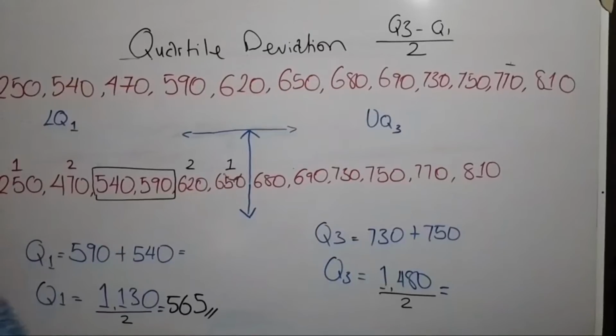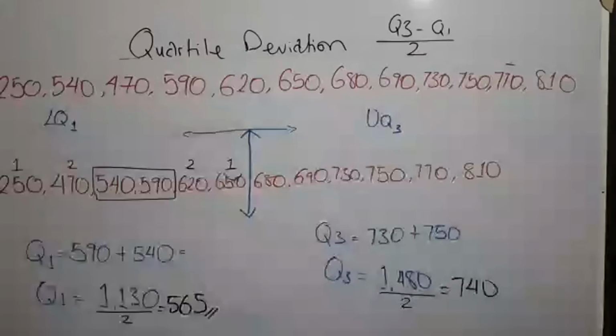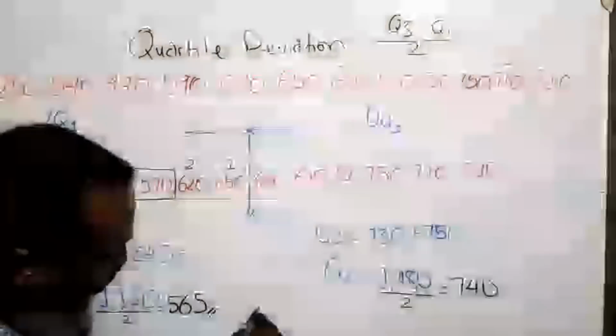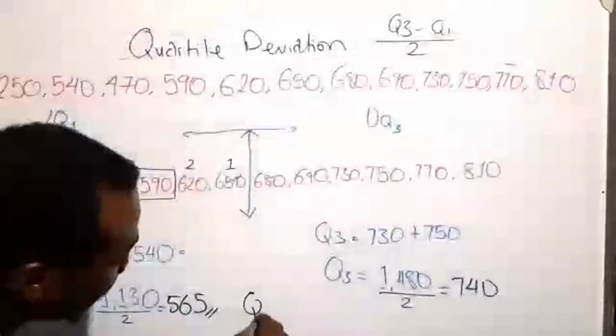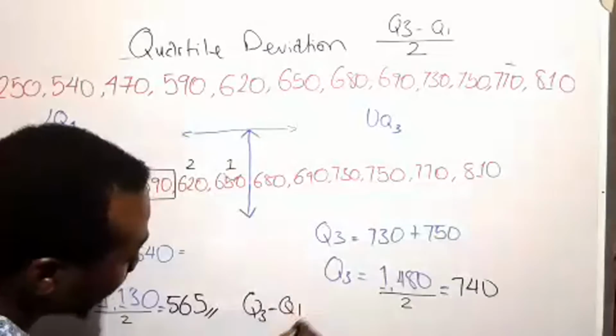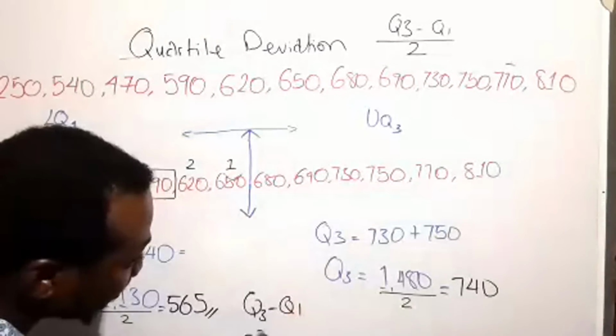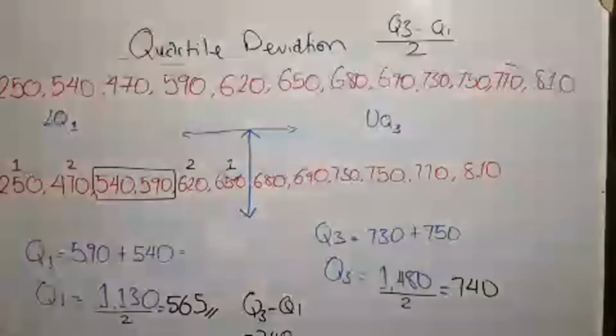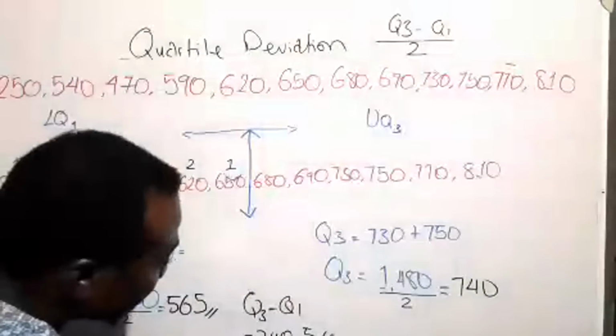And the other one, Q3, should be 1480, divided by 2. That should be 740. We have Q3 minus Q1 equals 740 minus 565.